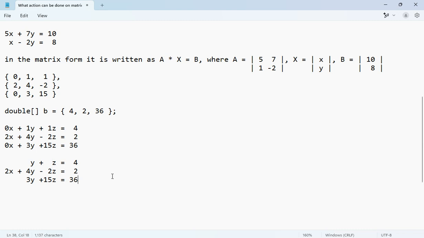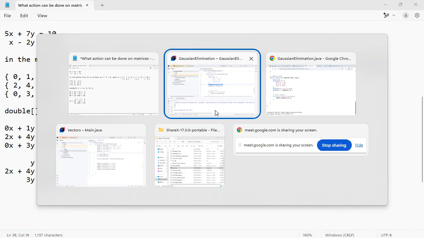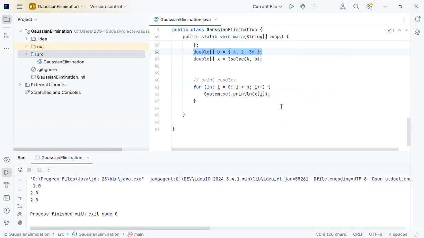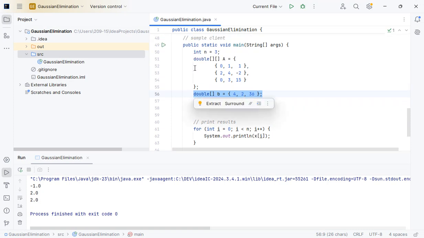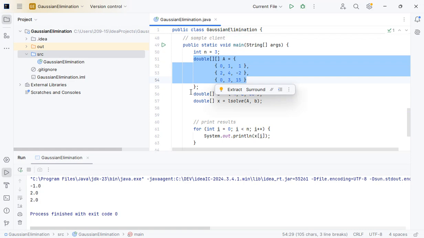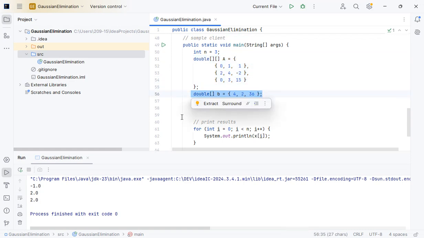This is important to understand. This is the system that you are about to solve, but you have to enter it in the following way. This was a little bit hard to understand. So, once more, you have entered the array, you have entered the other array, and here you need to find x. But what is that x?